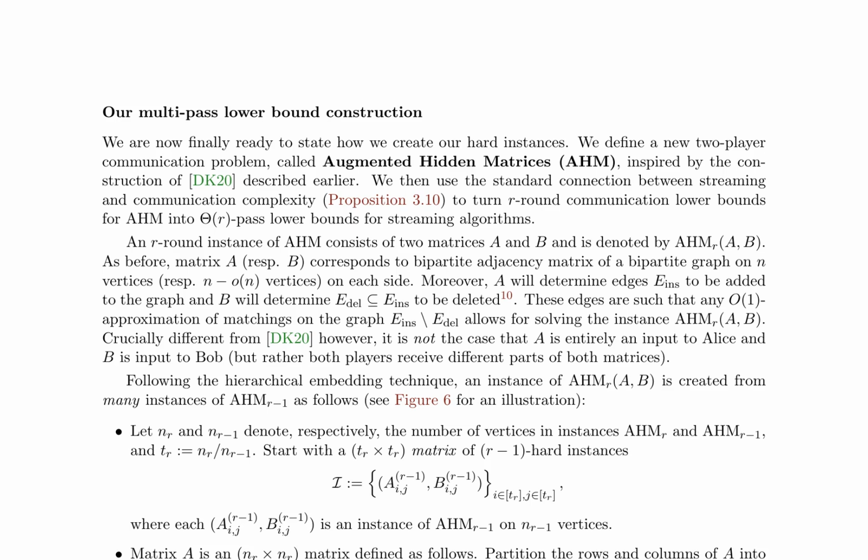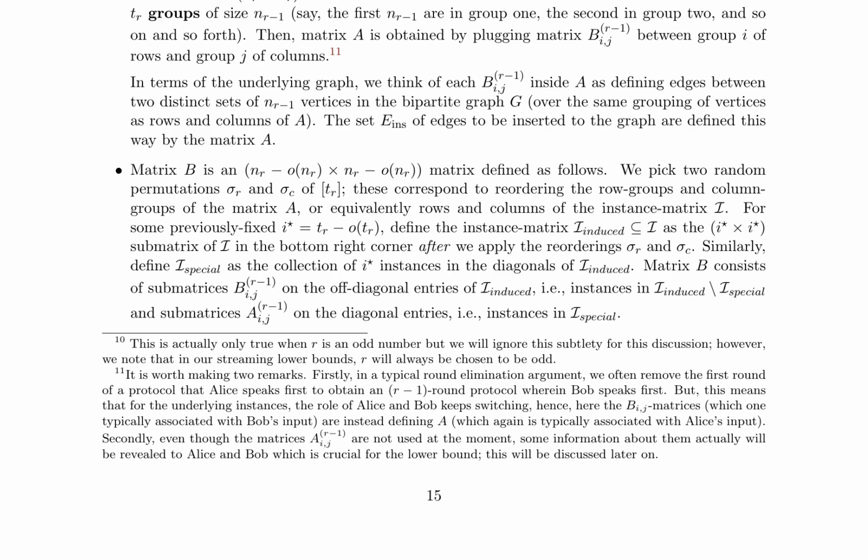The embedding technique is used to create a graph G consisting of a collection of induced hard R-1 round instances, which are then used to define the edges to be inserted and deleted from the graph. The construction begins with a T_R by T_R matrix of R-1 hard instances, where each instance is an AHM_{R-1} problem on N_{R-1} vertices. The matrix A is then defined by plugging the matrix B_{R-1,I,J} between group I of rows and group J of columns.